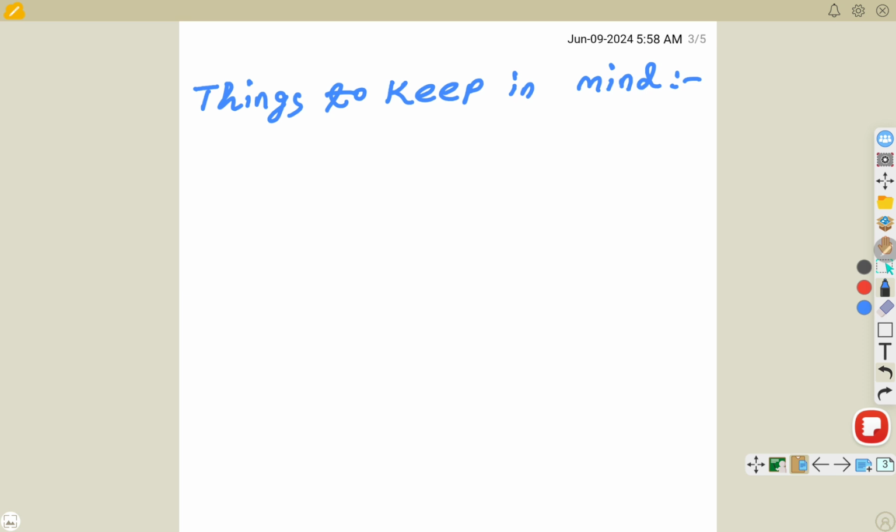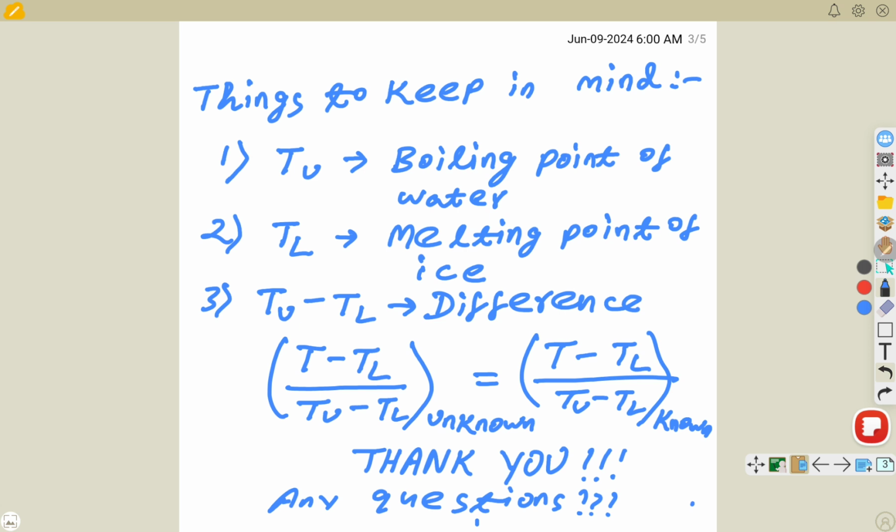So, certain things to keep in mind while doing the temperature conversion. First, Tu, that is the boiling point of water in that temperature scale. Second, the melting point of ice, that is the lower limit, and the difference between the upper limit and the lower limit, that is Tu and TL.